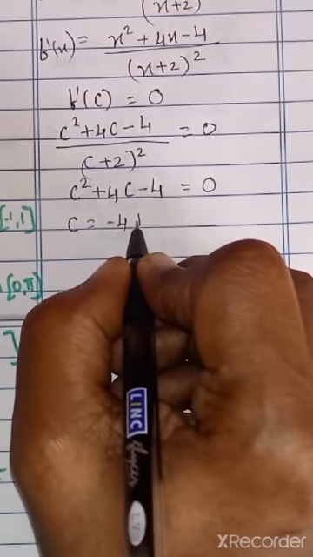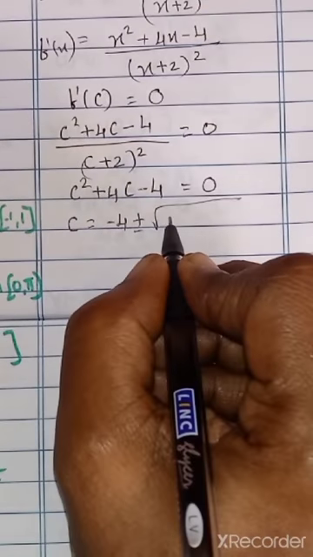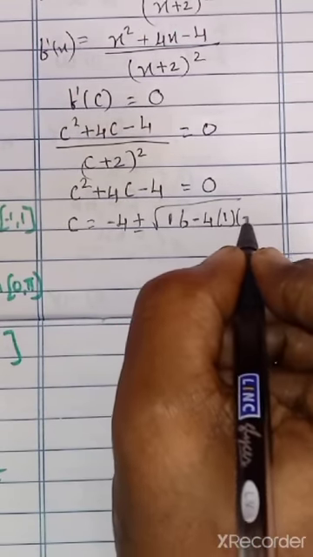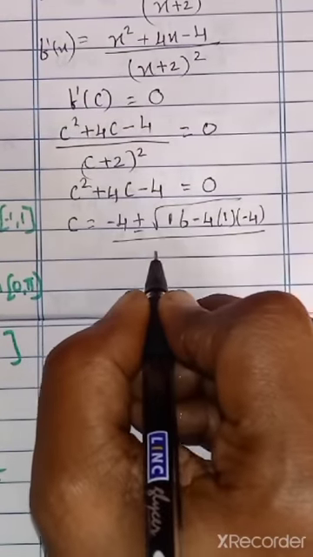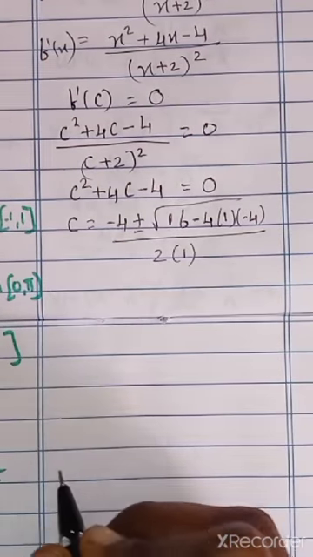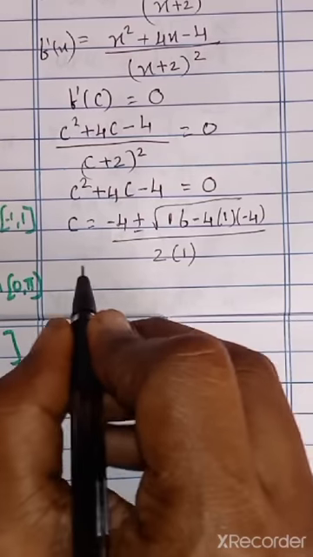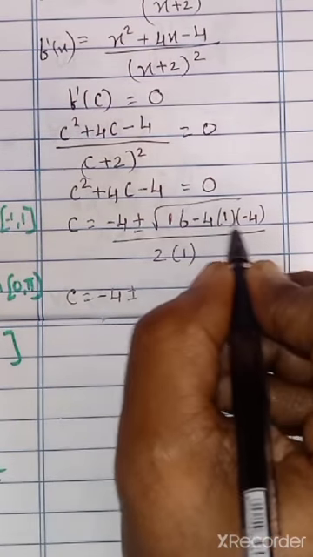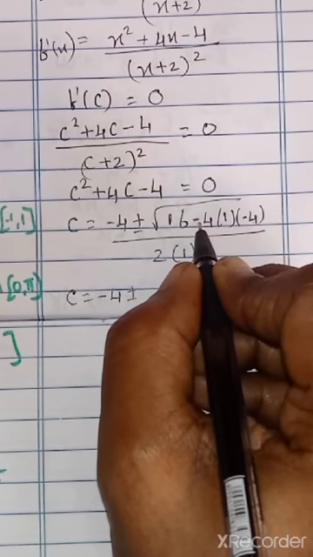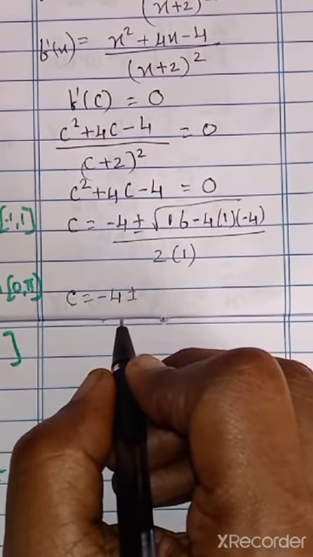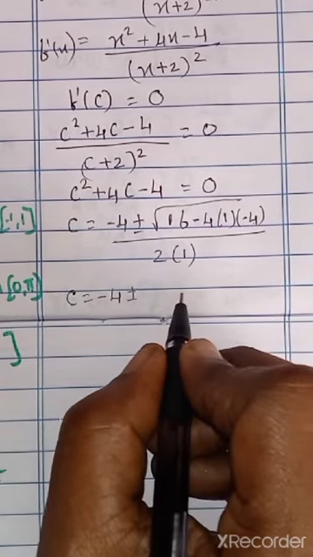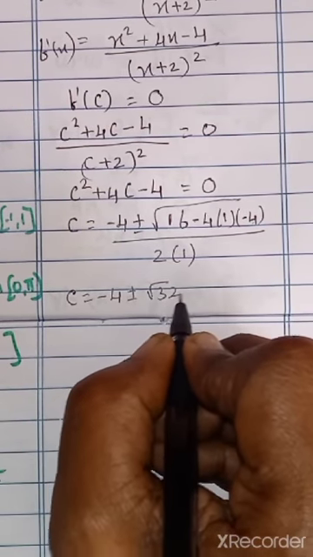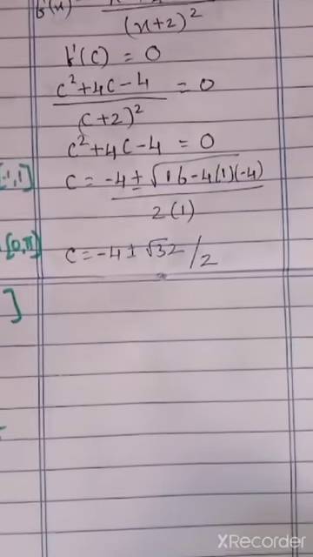Minus b plus or minus square root of b square minus 4ac by 2a. Right? If you simplify this, c equal to minus 4 plus or minus root of 16 plus 16, 32. So root 32 divided by 2. Is that right?